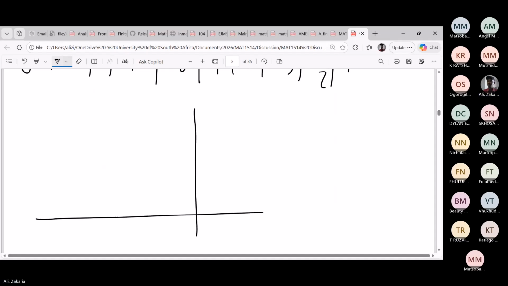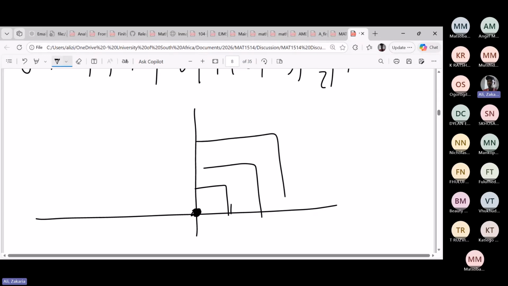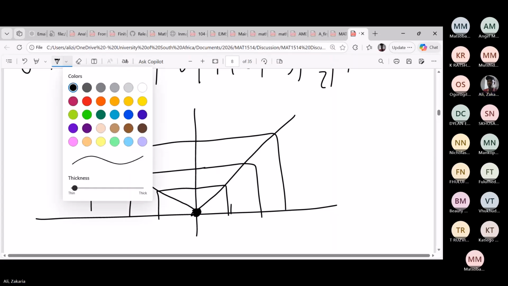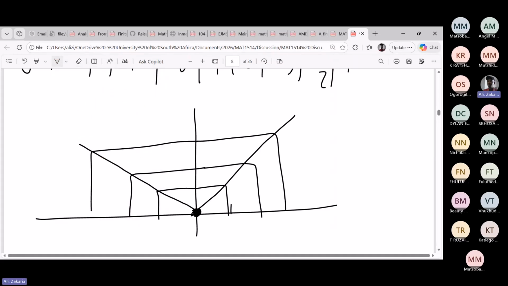You see, 0 is 0. 1 is 1. 2 is 2. 3 is 3. Minus 1 is 1. Minus 2 is 2. Minus 3 is 3. So this gives me the sketch of the absolute value function. I want to sketch it in red.